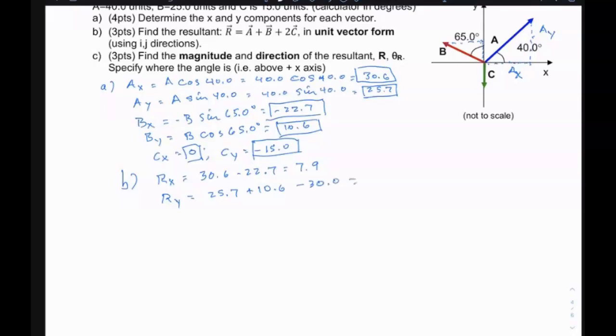And then I add these up, and I get 6.3. So writing down the vector in unit vector notation, my answer is r vector is equal to 7.9 i hat plus 6.3 j hat.